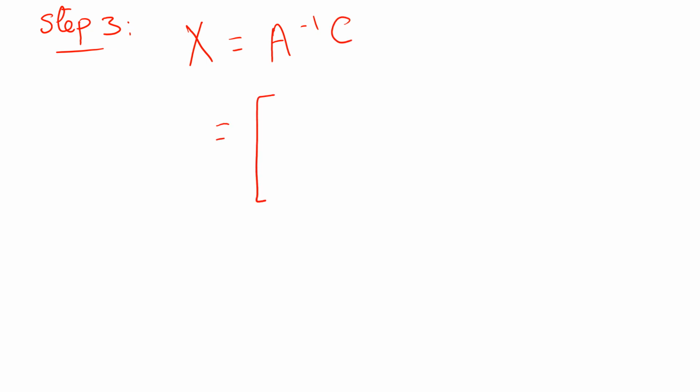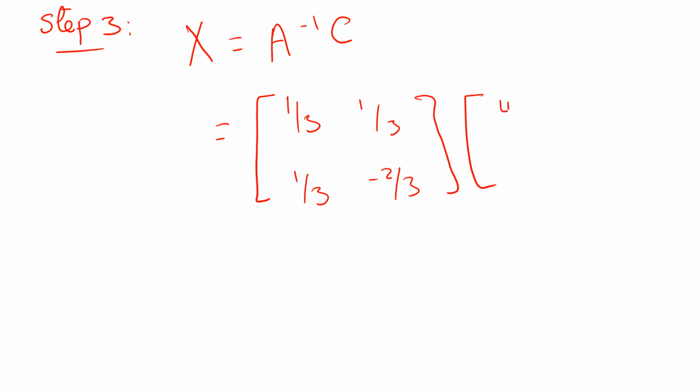Okay, once I have that, we use this equation to solve for our unknowns. So we are ready for step number 3, which is generating that solution. So number 3, x is equal to A inverse times C. So we have an expression for A inverse. It's 1/3, 1/3, 1/3, minus 2/3, and here we have C equals 4 and -1.